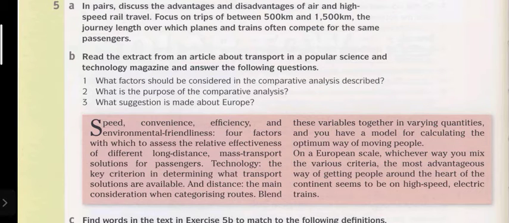Technology, the key criterion in determining what transport solutions are available, and distance, the main consideration when categorizing routes. عندنا حاجتين بنبص لهم لما نيجي نختار وسيلة المواصلات اللي احنا هنركبها. Technology and distance. Technology is how technologically developed this mass transportation is.